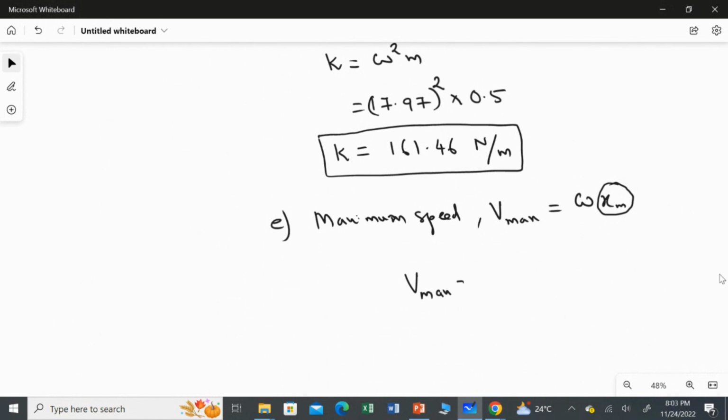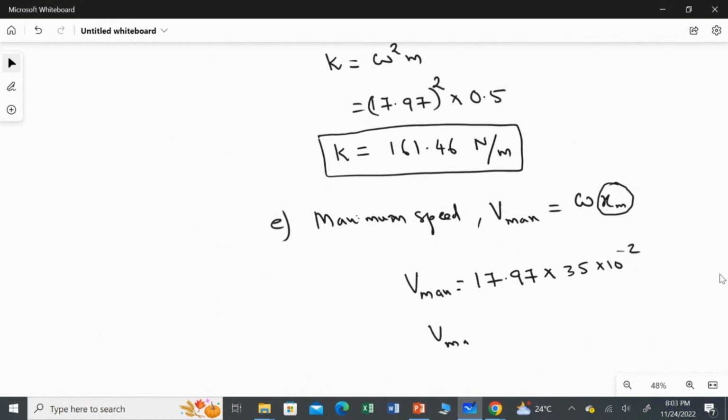Therefore, v max is equal to the omega value, 17.97, multiplied by the amplitude value, 35 centimeter. So I have to convert that centimeter to meter, right? So 35 multiplied by 10 to the power minus 2.